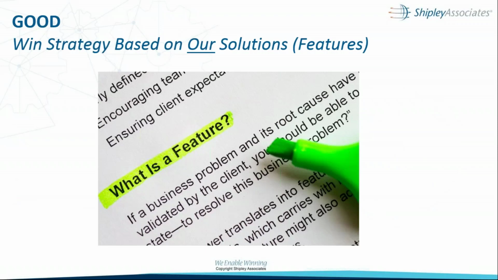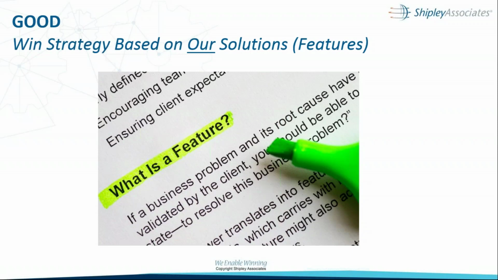So what I want to do is I'm going to ask Mark Wigginton to spend some time with us going over this first, the good approach to a win strategy. And then after Mark, and maybe we answer some questions in here, we're going to have Daryl talk about better. So we'll go good, better.